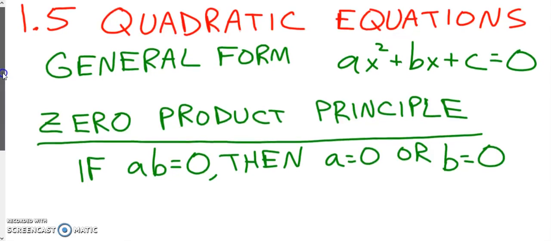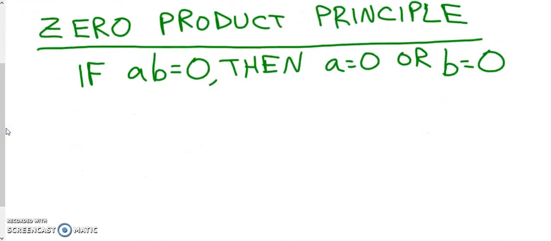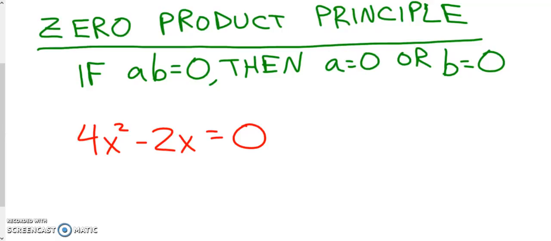For instance, if you have 4x squared minus 2x equals 0, and you wanted to solve that, I would recommend you factor it. How would you factor that?